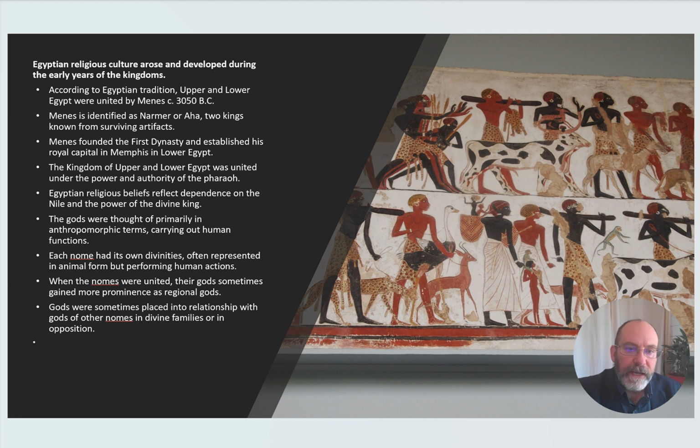He took the idea of two kings and put them together. He was the first person to do that. He founded the first dynasty, and the gods were thought of primarily in anthropomorphic terms, so very human-like.